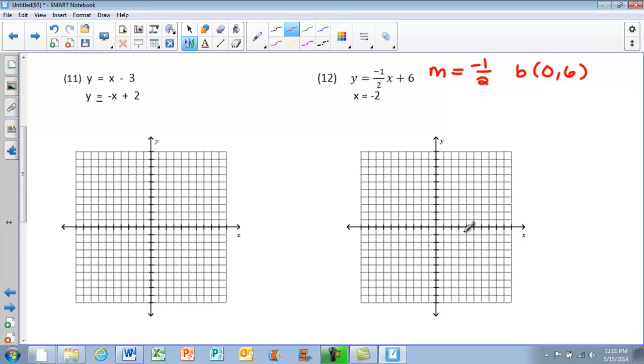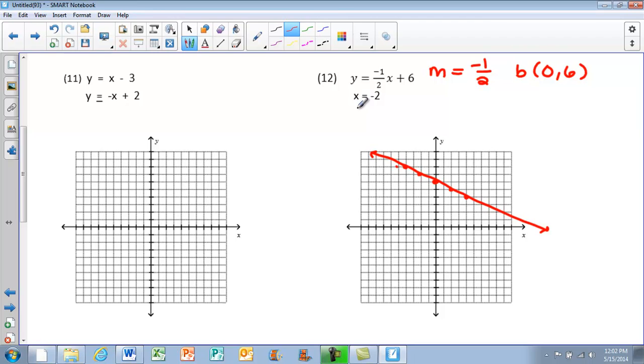So I'm going to start here at (0, 6), and then I have to go down 1 over 2, down 1 over 2, or I could go up 1 and to the left 2, up 1 and to the left 2. Again, my line isn't going to be super straight, but it's pretty close.